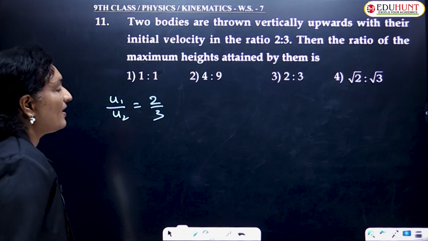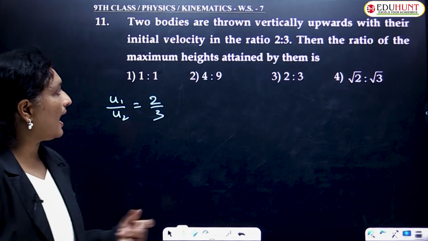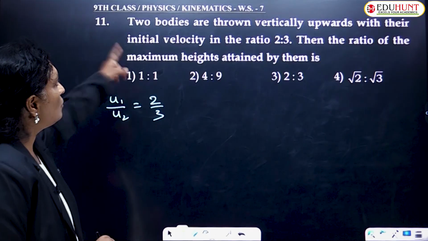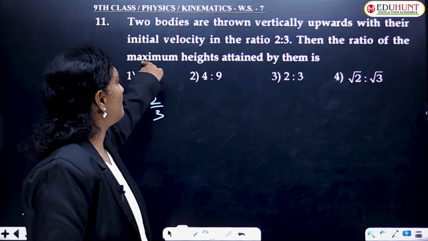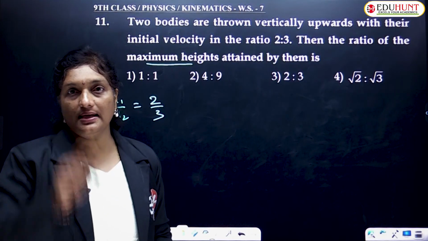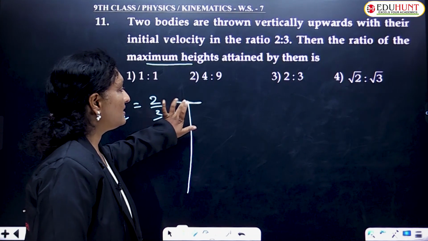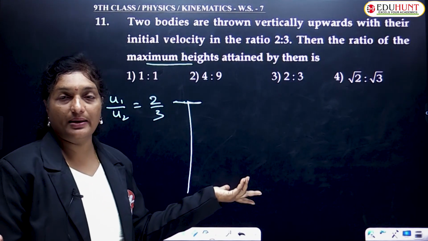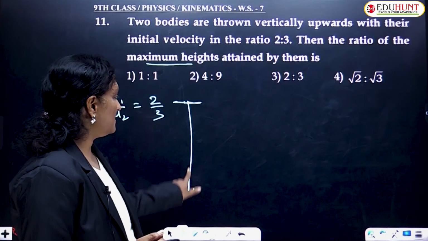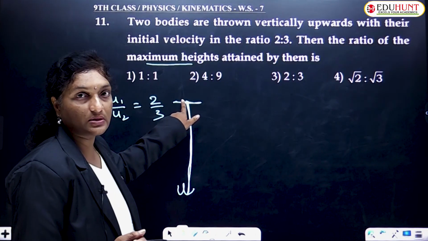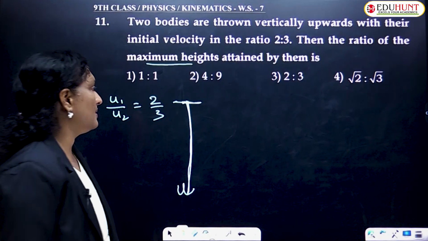So, you need to find out the relation for velocity as well as heights. Two bodies are thrown vertically upwards and they reach maximum height. Children, one thing is very sure: if any body reaches maximum height, at the maximum height its velocity would become 0. So, with some initial velocity, if it is projected upwards, it goes up, up, up, and when it reaches the highest point, its final velocity becomes 0.